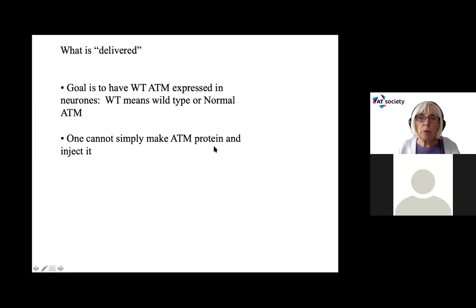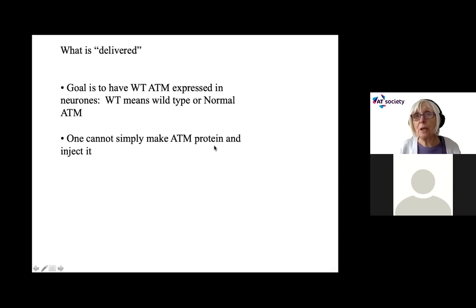Now you'd think what you might be able to do is make ATM protein in the laboratory and give it as a tablet, and we'd be able to get it into our cells. Unfortunately, that approach is not really possible. Firstly, ATM is a very large protein.